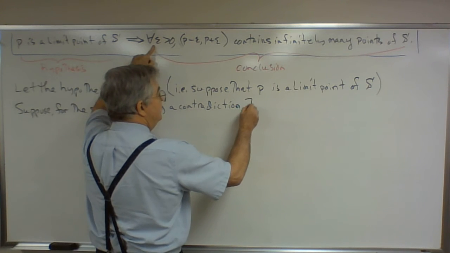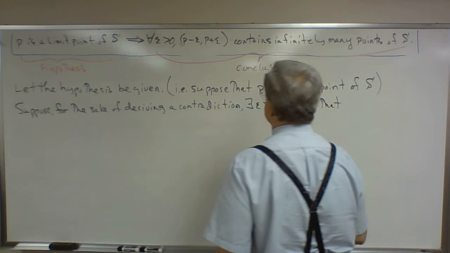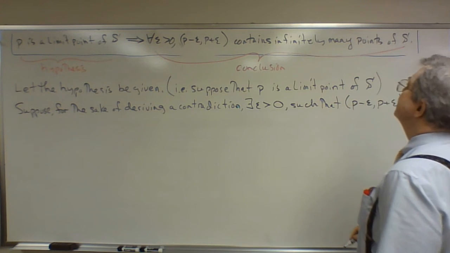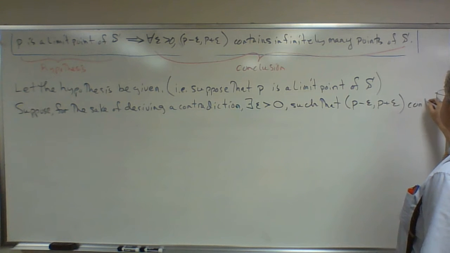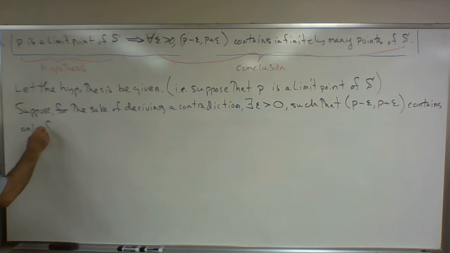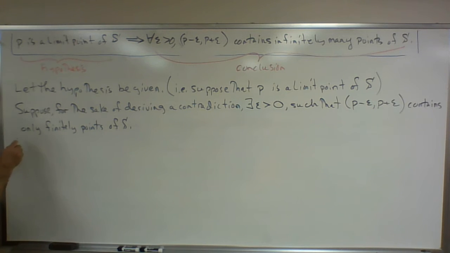In other words, there exists an epsilon greater than 0 such that the interval (P minus epsilon, P plus epsilon) contains only finitely many points of S. And we'll look at case 1.